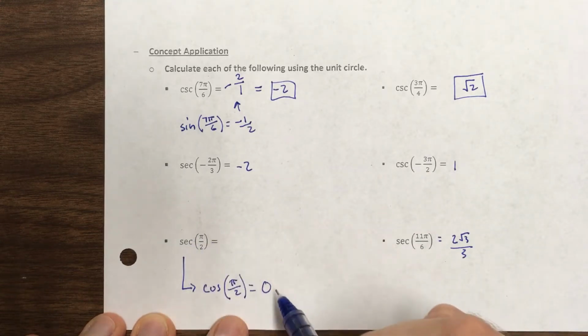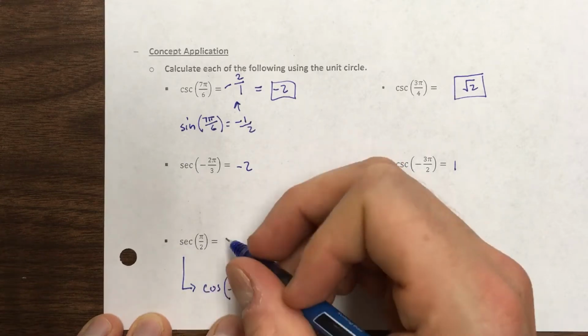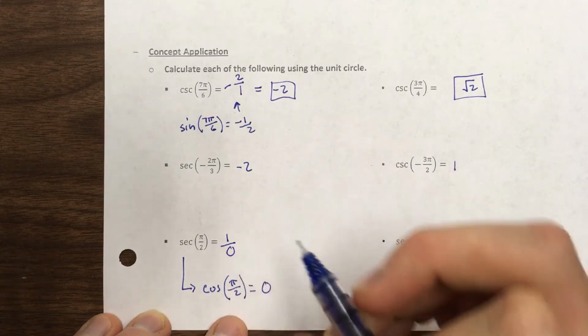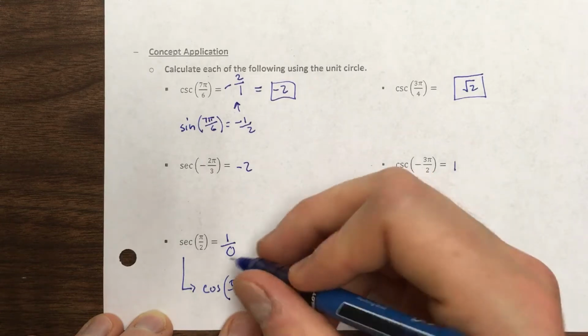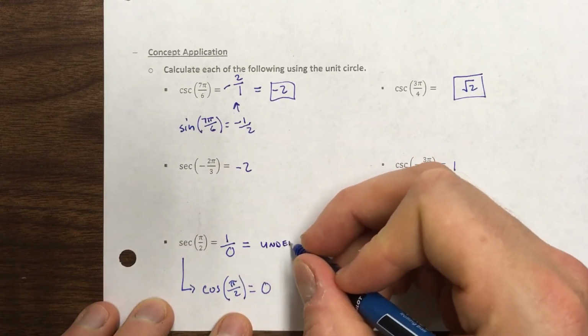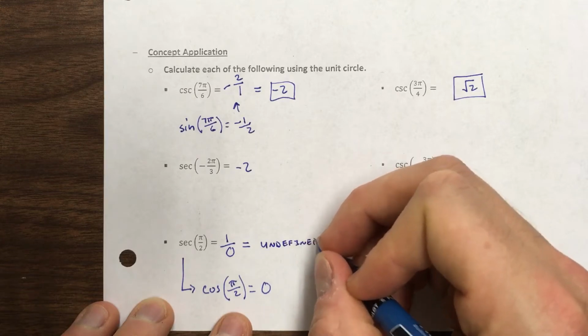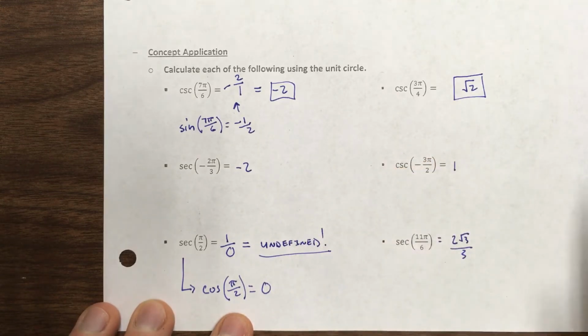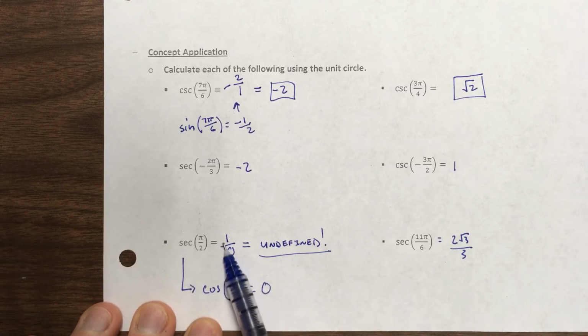And if we want to take the reciprocal of 0, that's really going to look like 1 over 0. And based off our conversation last class, that's going to be undefined. So because cosine of pi over 2 equals 0, secant is the reciprocal, then the reciprocal would be undefined. So I just wanted to highlight that.